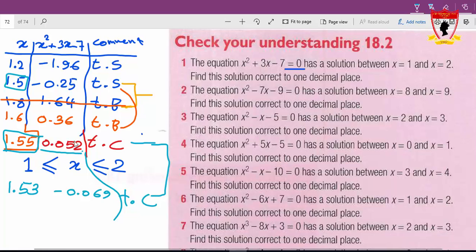We can also pick something between them, between 1.55 and 1.53. We can say 1.54 and continue the process until you get a number which, when you round it to one decimal place, you get 0. Let's try 1.54, and then we're going to solve the equation regularly to show you the answer.